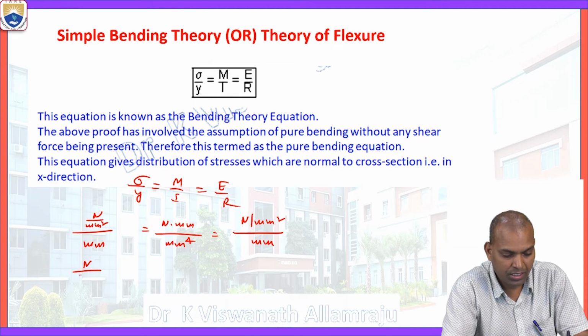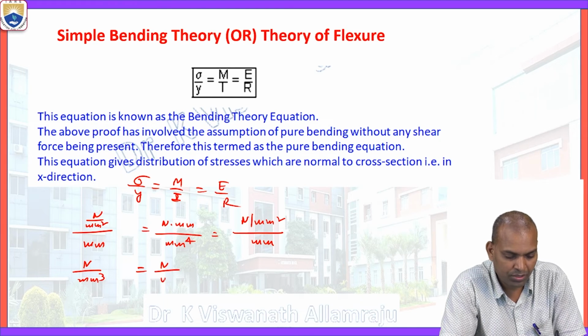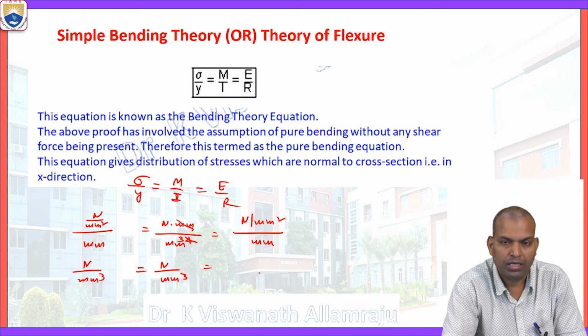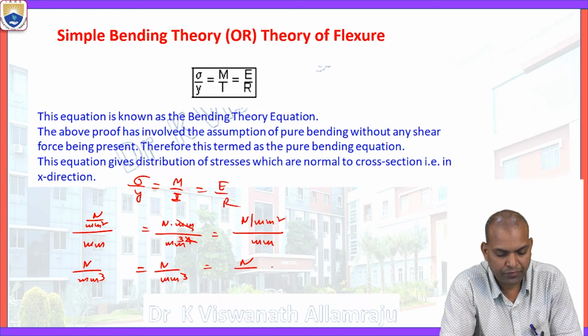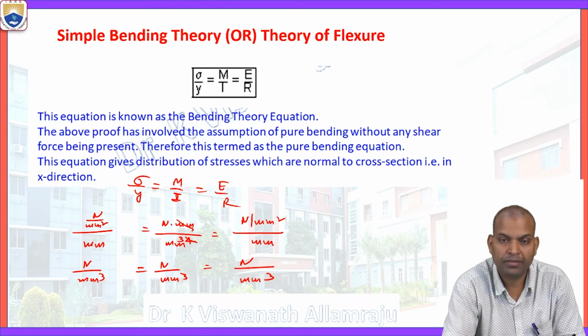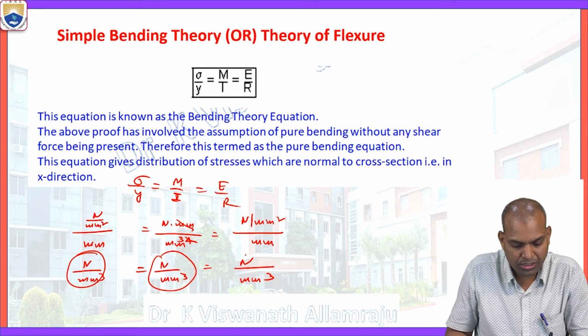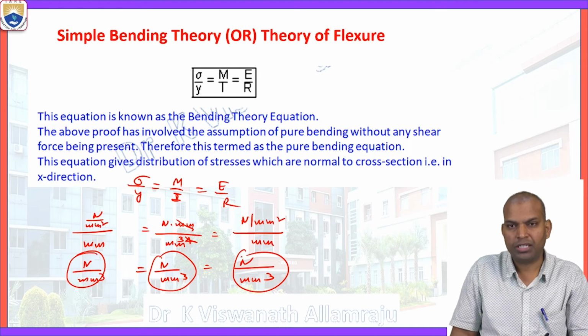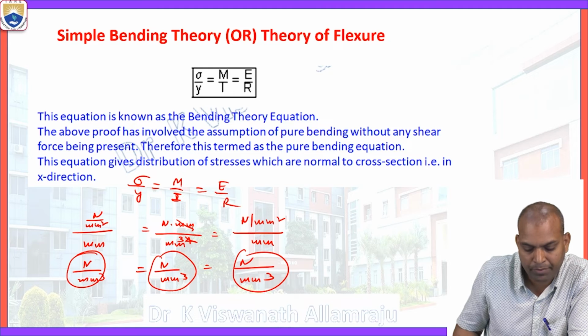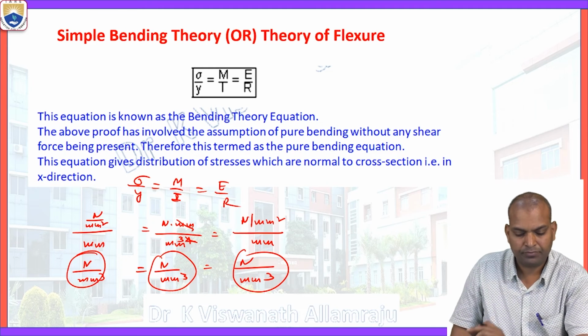Here you can observe that each comes out as Newton per cubic millimeter. The units remain the same among each of the relations, sigma by y, M by I and E by R.